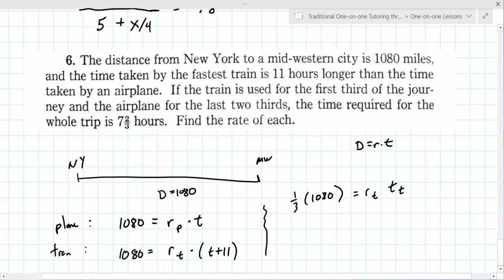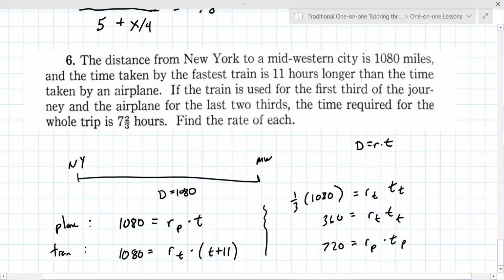So it'll be 360 equals R_T times T_T. Yes, exactly. Now this is confusing, but you got to use these subscripts to get through this. So the rest of the trip, which is 720, is the rate of the plane, and then its time is the time of the plane.